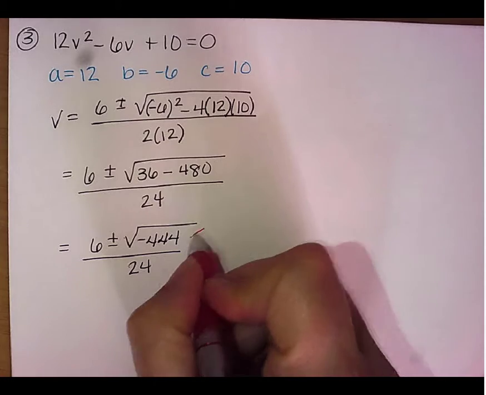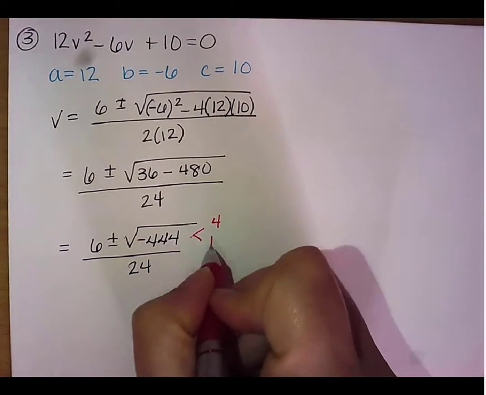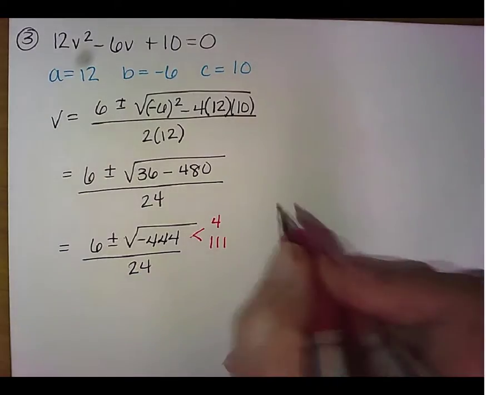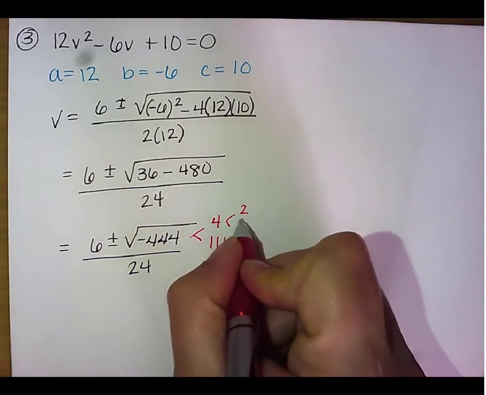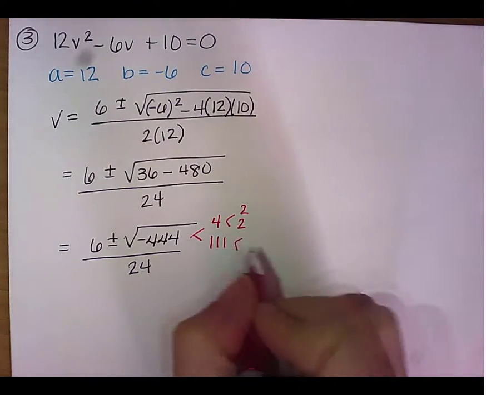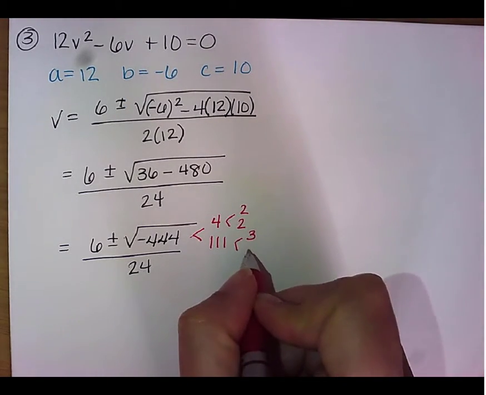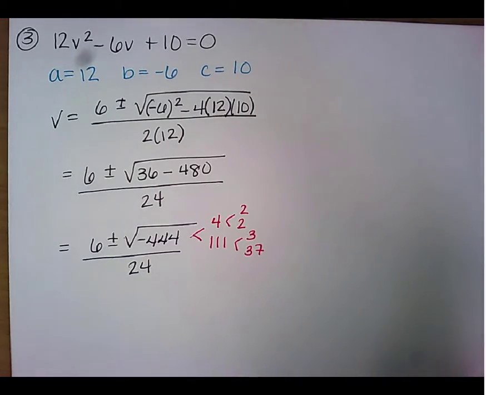Again, we want to see if we can reduce that. So we're going to break this apart. I'm going to go with 4 and 111. That seems to be the easiest thing to break it apart, but remember, you can start with anything that divides evenly into 444. This is going to be 2 times 2. 111 is actually divisible by 3. It's actually 3 and 37. 37 happens to be a prime number, so we are done right there.